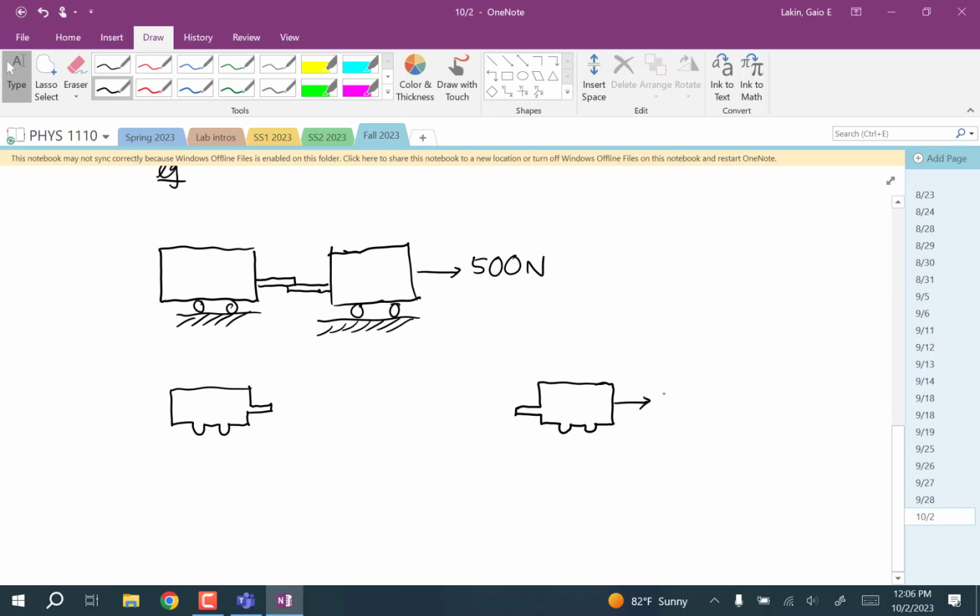And this one has the 500 Newton force acting on it. Now, since we're applying this 500 Newton force to the right, this whole system is going to be moving to the right, okay? The contact between those two bodies is what makes the cart on the left move to the right when you pull on the one that's on the right. You see that?